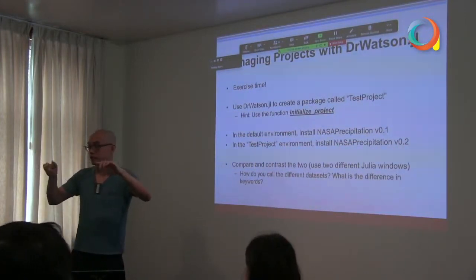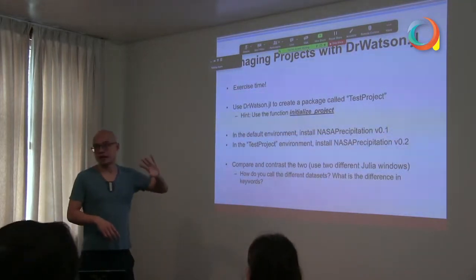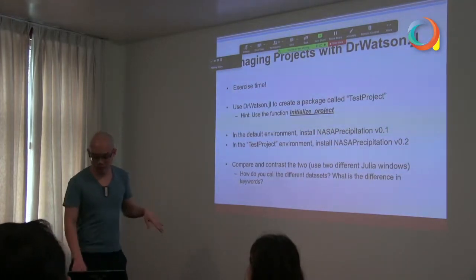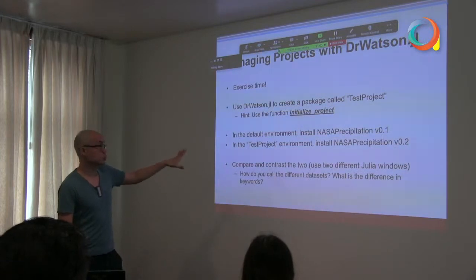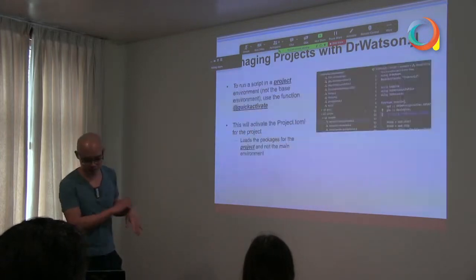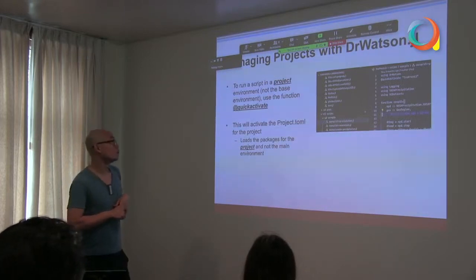I wanted to have you guys do it, but some of you are having problems downloading and installing the packages right now. But I will upload the slides and you can try this yourself in your own time. I just wanted to show you guys.